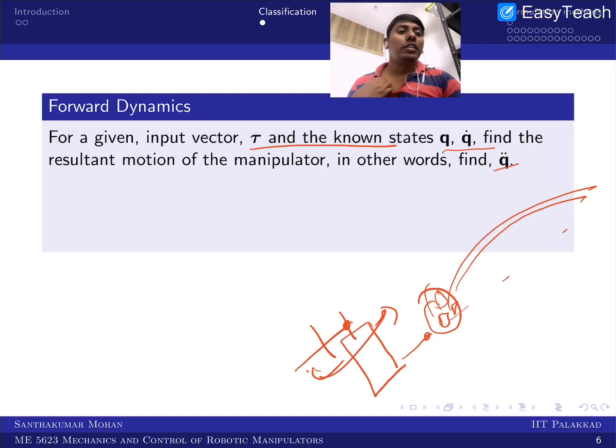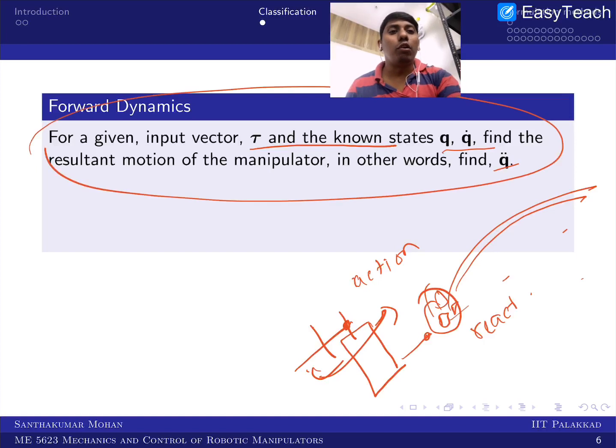So I am giving the force and seeing the motion variables, or how the motion is happening. This is straightforward, because you are giving the action and trying to see the reactions. This is forward dynamics.